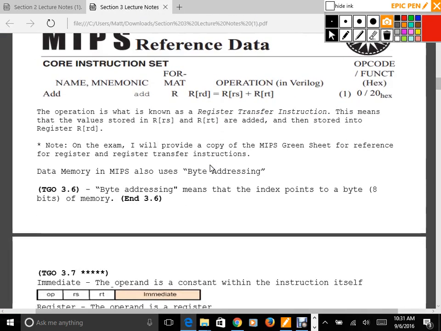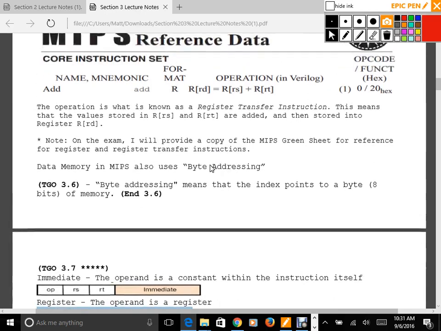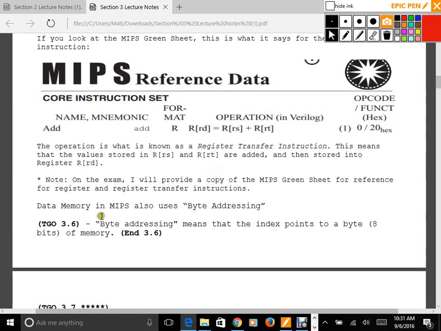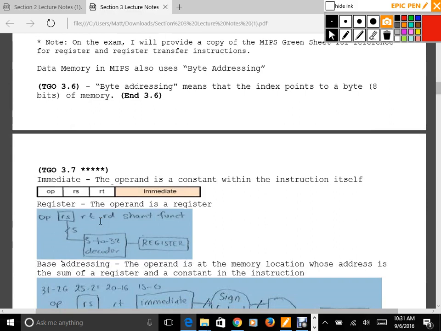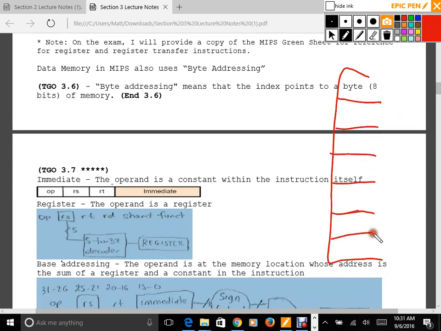Okay, so I alluded to this a little earlier. Byte addressing. Let me scroll up here a little bit. What this means is, I'll just draw it on the screen. I have some sort of block of memory, right? This is where we get into computer architecture, memory addressing versus memory technology. The memory is broken into 8-bit chunks.